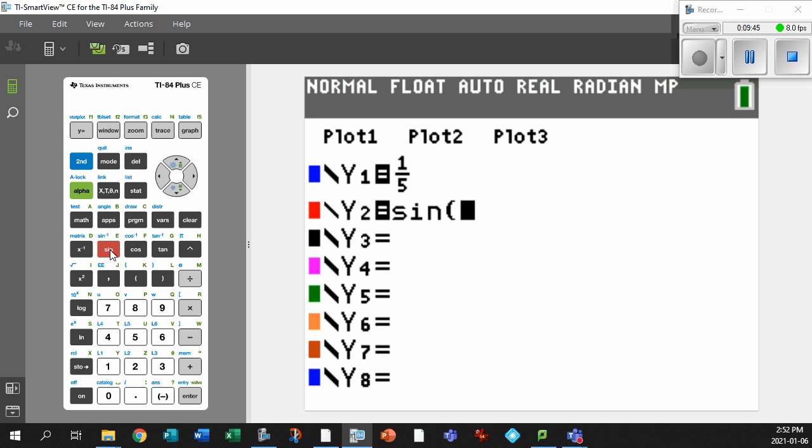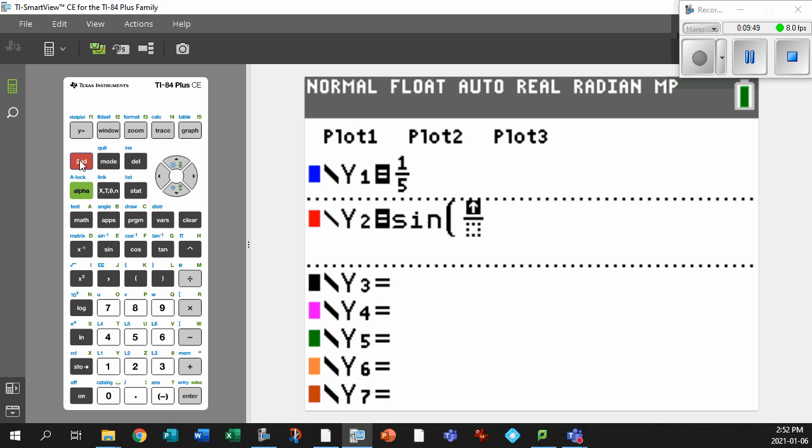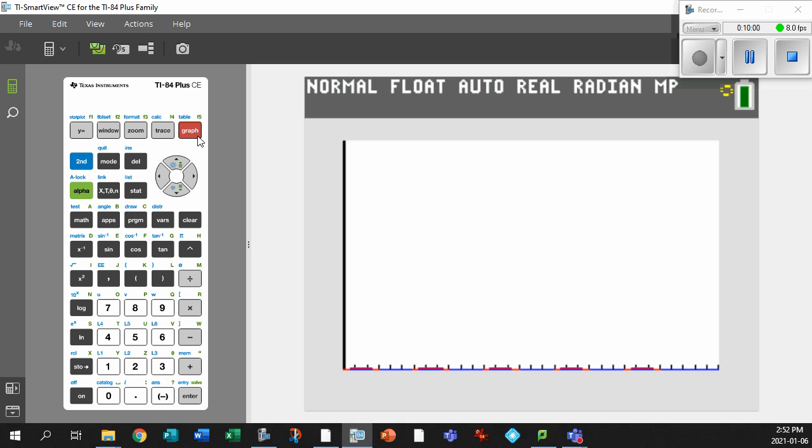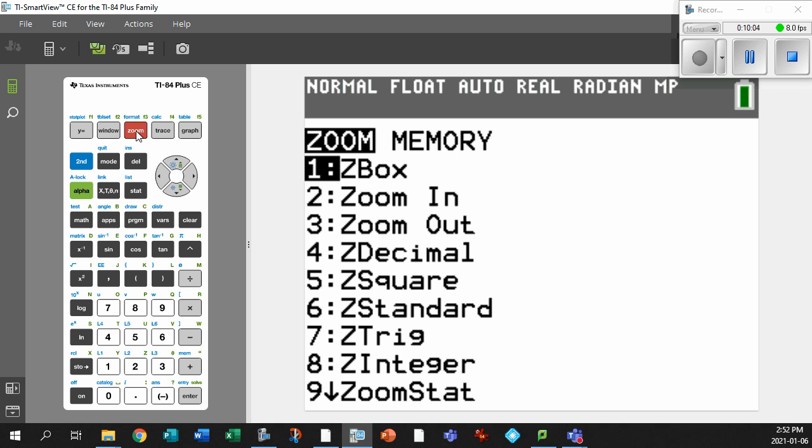Okay, sine pi over 3, right? X. Perfect. Graph it. I don't know what this graph is going to look like. Oh, it looks horrible. So if it looks horrible, you can really just go hit zoom and hit trig 7.